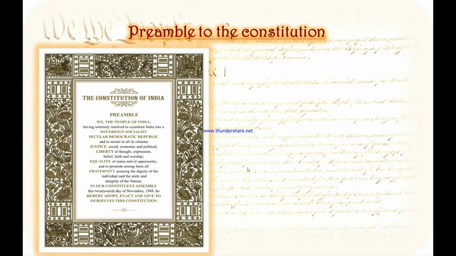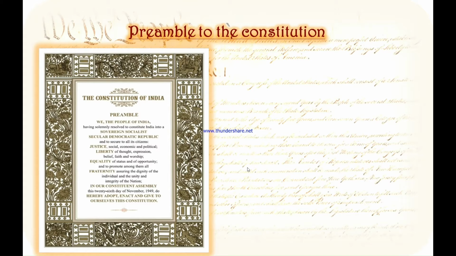We, the people of India, having solemnly resolved to constitute India into a sovereign, socialist, secular, democratic republic, and to secure to all its citizens: justice, social, economic, and political; liberty of thought, expression, belief, faith, and worship; equality of status and of opportunity; and to promote among them all fraternity, assuring the dignity of the individual and the unity and integrity of the nation.